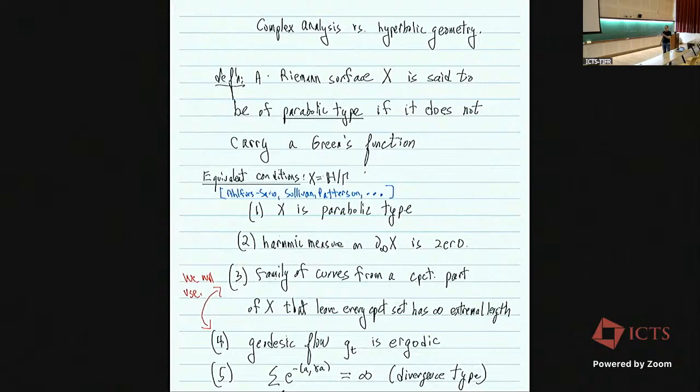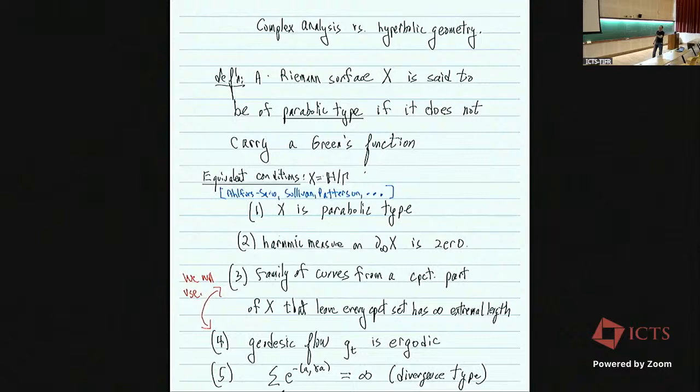Now, I was going to say spoiler alert, but let me say Athanase alert, because Athanase is not going to be happy with this language. He once told me he didn't like this language, but it's not my choice. This was Ahlfors's. The reason he didn't like this language was because you think of parabolic as Euclidean geometry, and this has its origins in the proof of the uniformization theorem.